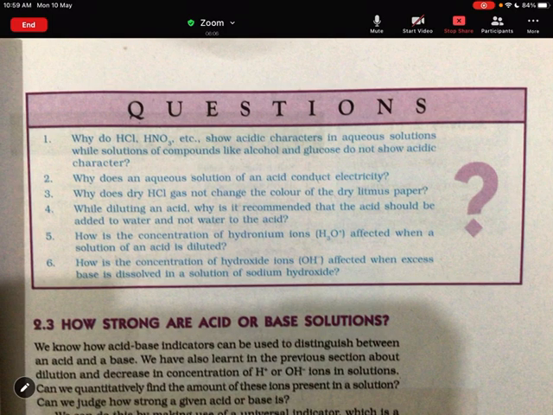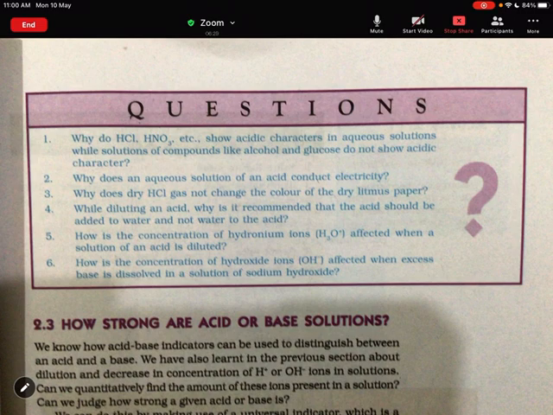Why do HCl, HNO3, etc. show acidic characters in aqueous solutions, while solutions of compounds like alcohol and glucose do not show acidic character? In the last class we have seen HCl, HNO3, etc. dissociate into ions, H plus Cl minus ions, H plus NO3 minus ions.